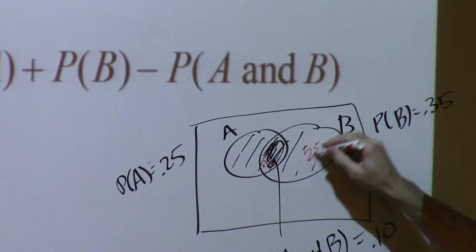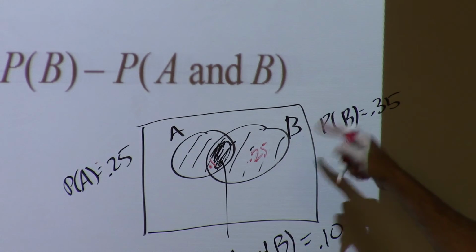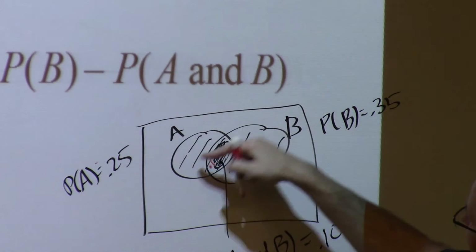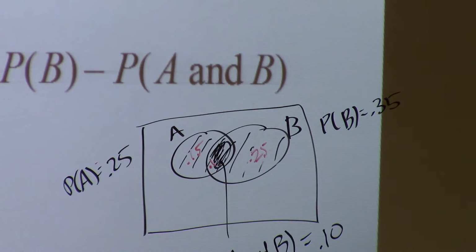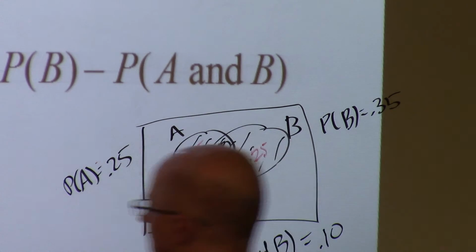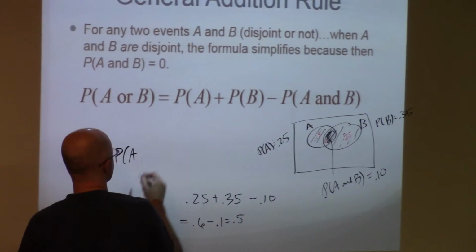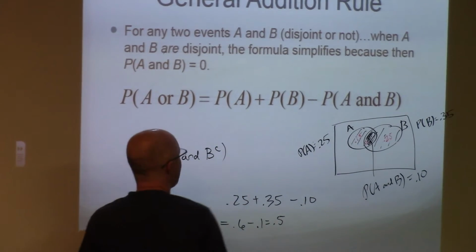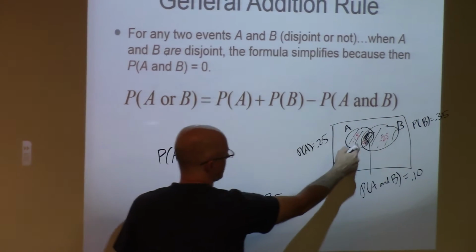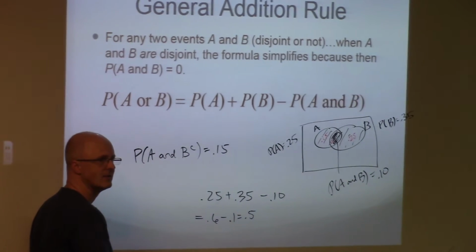You want to label that 0.25, and that would be the probability of being in B but not A. And label this one with 0.25 minus 0.1, which is 0.15. Okay, so you can also write down, based on this picture, the probability, for example, of being in A and the complement of B, not in B. That means you're in this crescent moon, at the 0.15 region, for example.